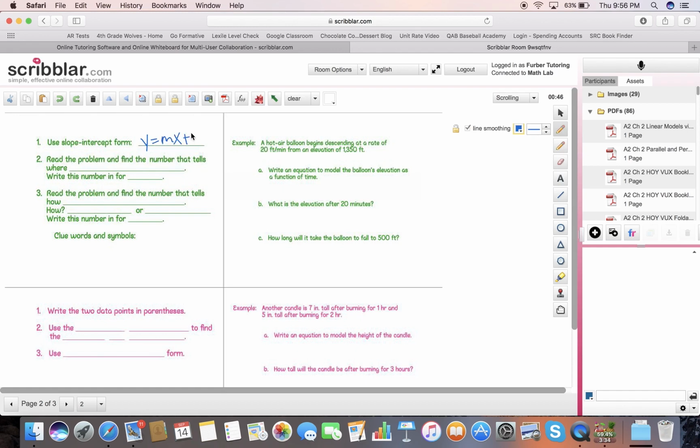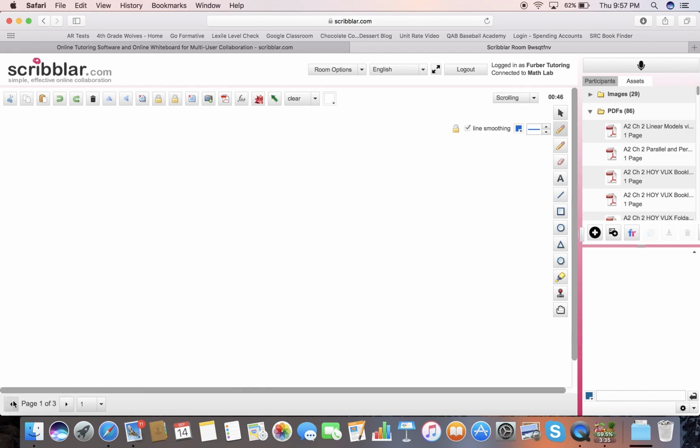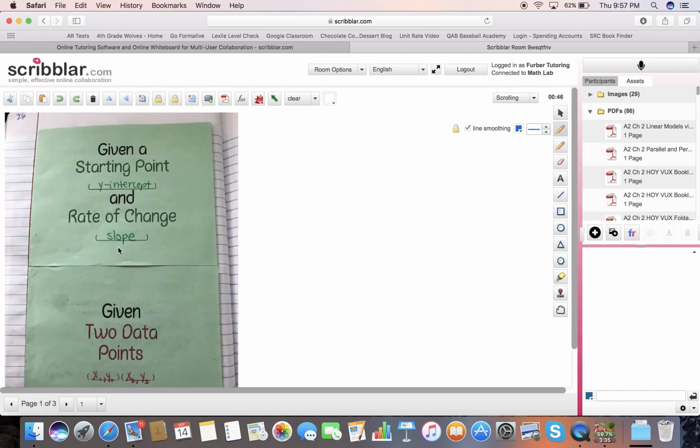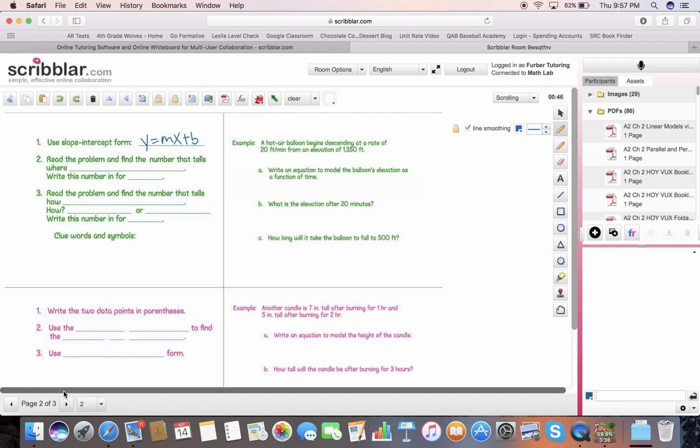Now, something to mention: because I mentioned on the previous page that the y-intercept is the starting point of the story, you could also technically write it in this order. We have a starting point and then something changes. Let's talk about the rest of the steps, and this will make sense as we write it.